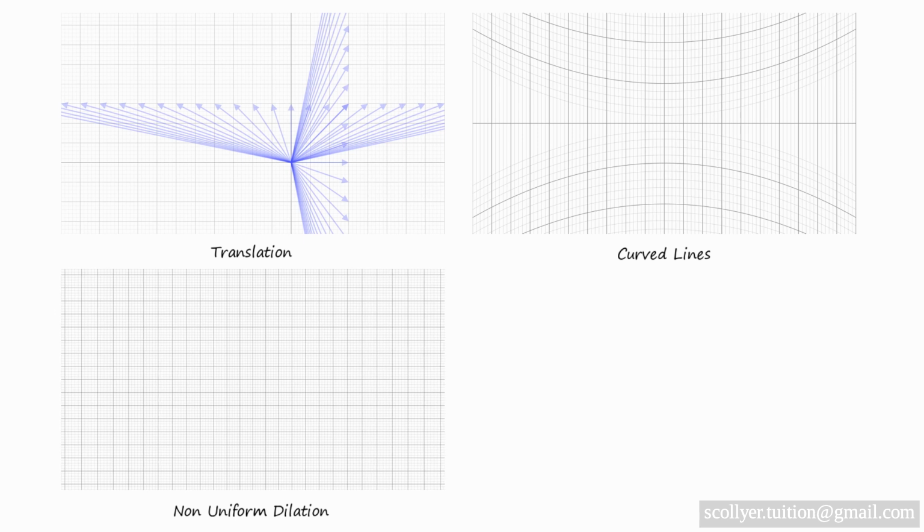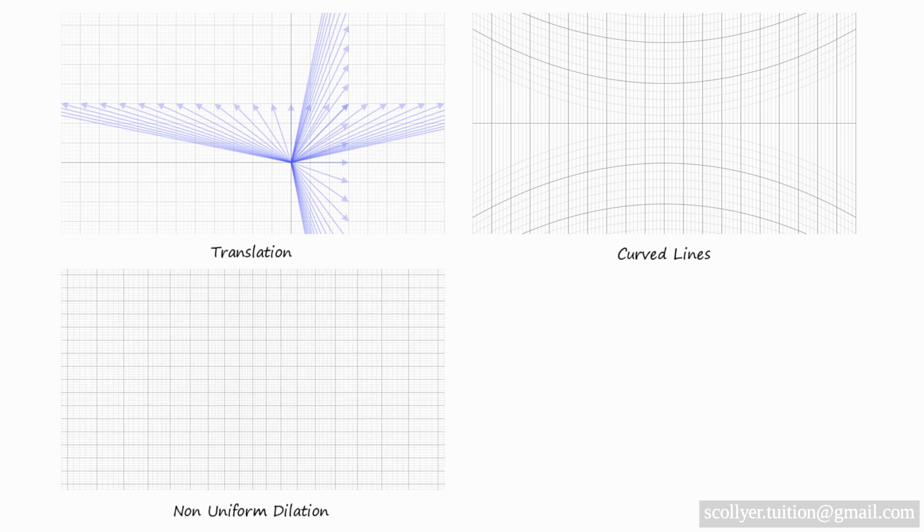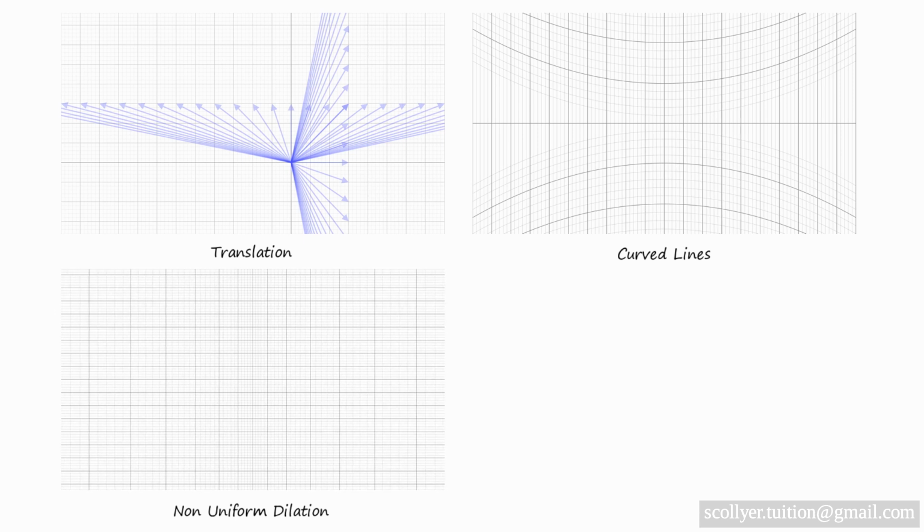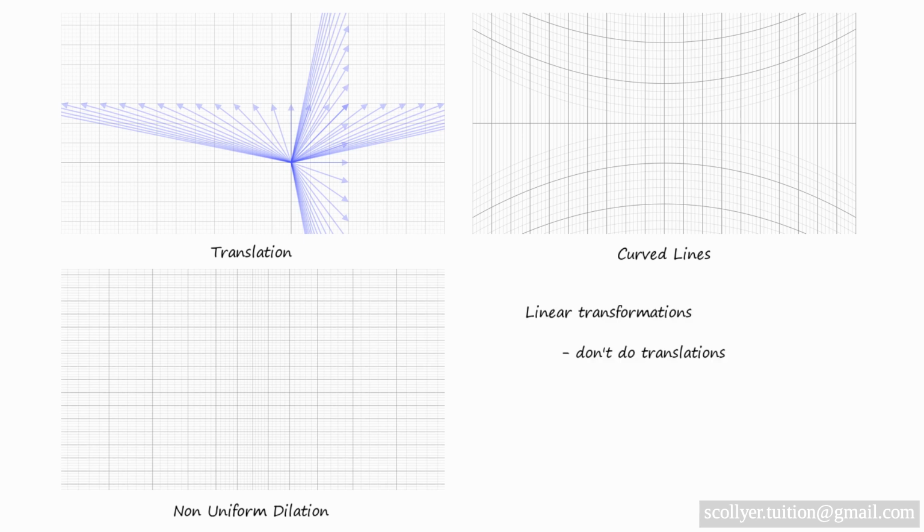And thirdly, we have a mapping that performs a non-uniform dilation. These mappings are not linear transformations because linear transformations don't do translations, don't create curves, and they treat the whole plane uniformly.